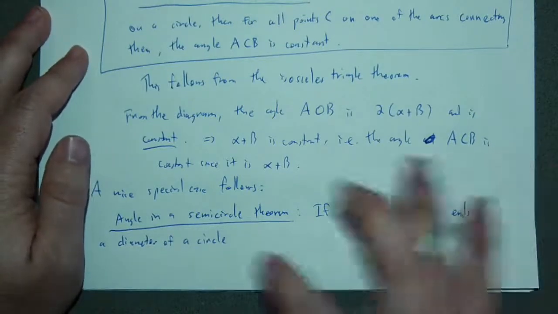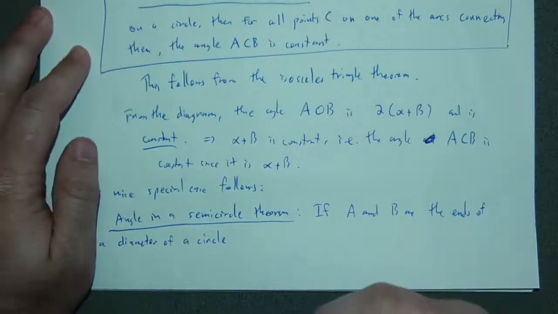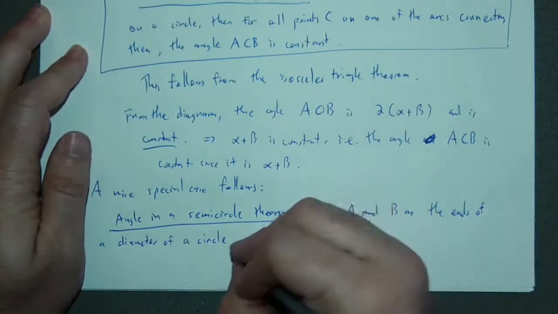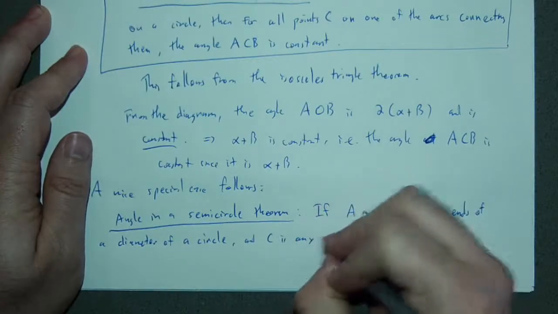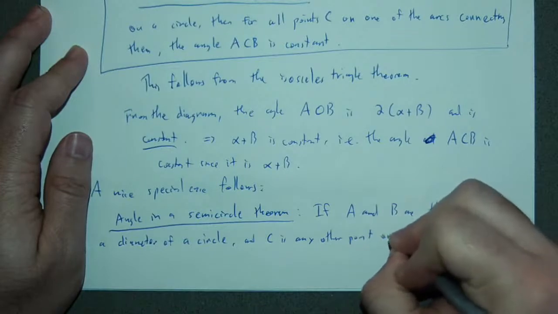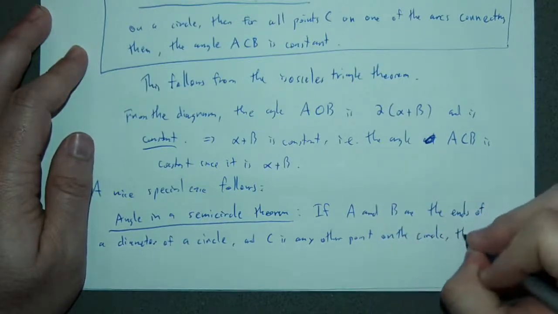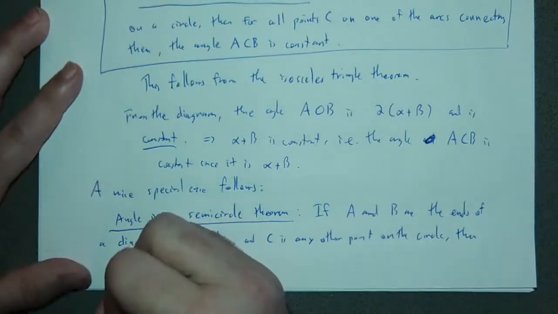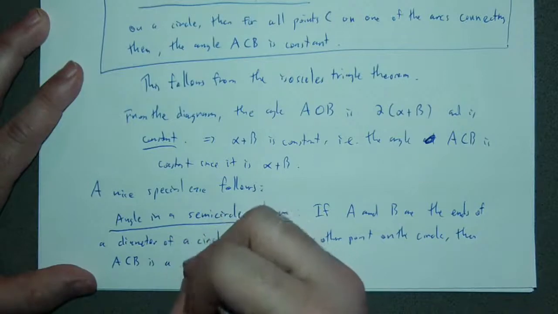You can have the diameter oriented however you want. So if A and B are the ends of the diameter of a circle and C is any other point on the circle, then ACB is a right angle.